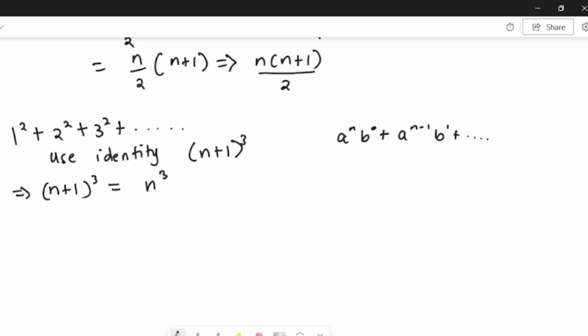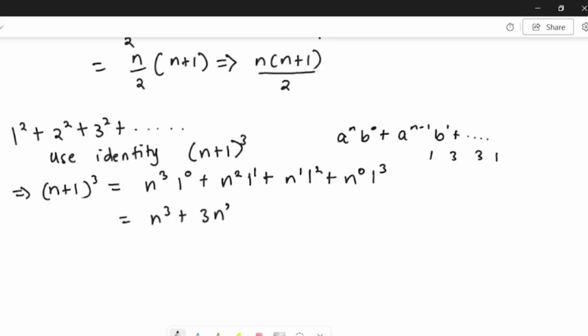So I'm going to have n cubed 1 power 0 plus n squared 1 power 1 plus n power 1 1 power 2 plus n power 0 1 power 3. Then I substitute my coefficients, which are 1 3 3 1. So I'm going to have n cubed plus 3n squared plus 3n plus 1.